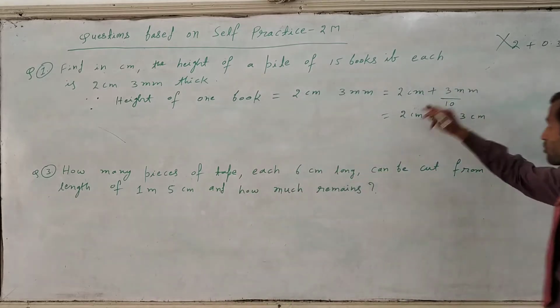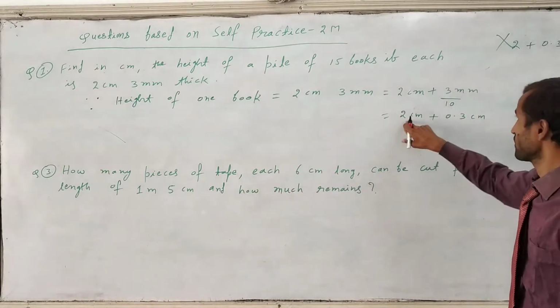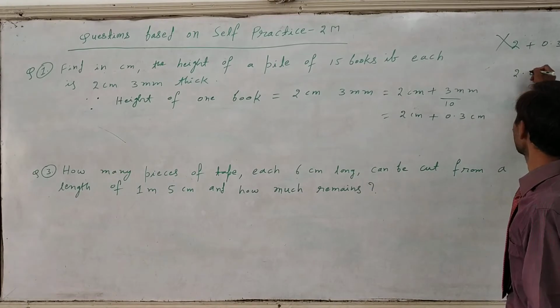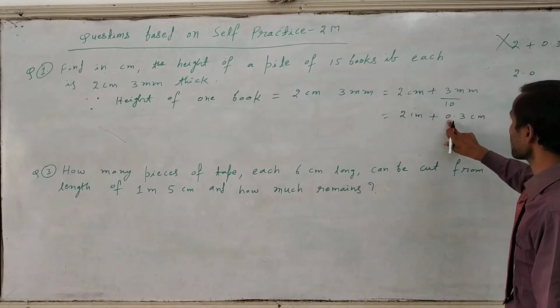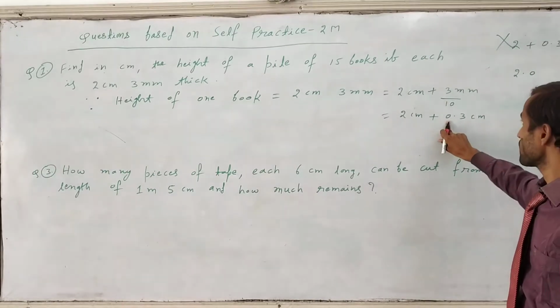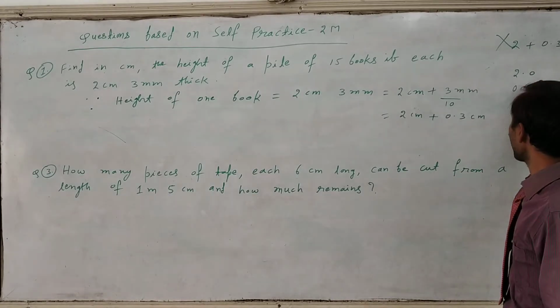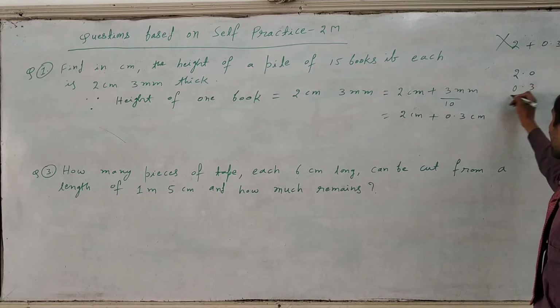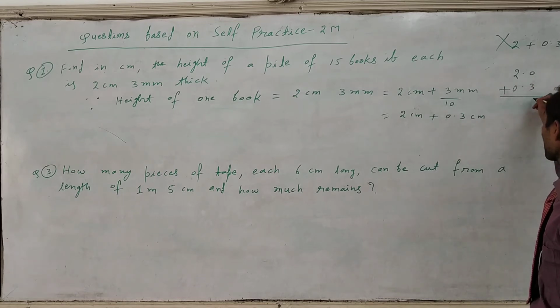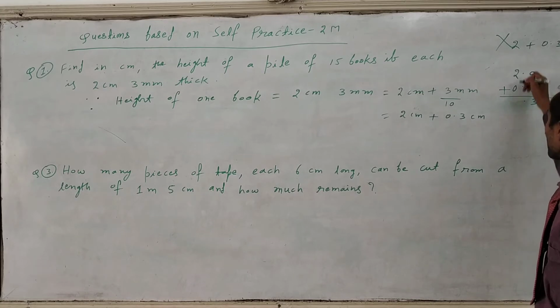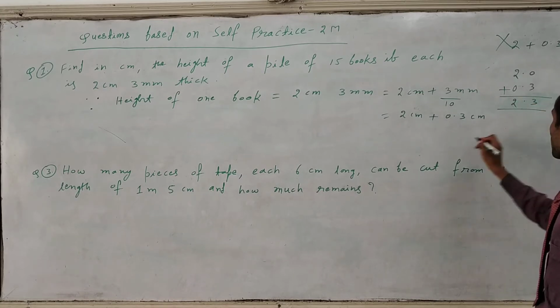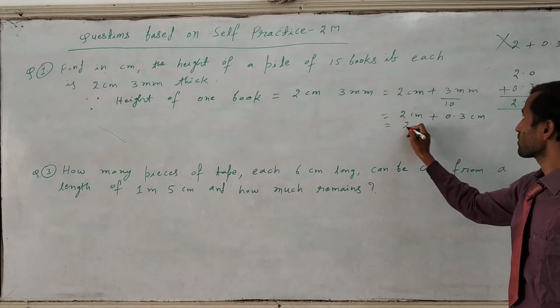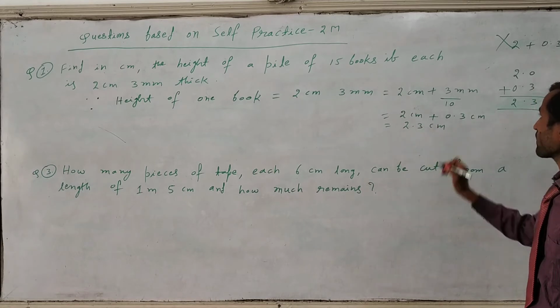This one is the integer part, 2.0 like this, and in this one the integer is 0, which you write below the 2, and then the decimal part 3 comes below 0. Now add: 3 plus 0 is 3, 2 plus 0 is 2. So the answer is 2.3 centimeter.